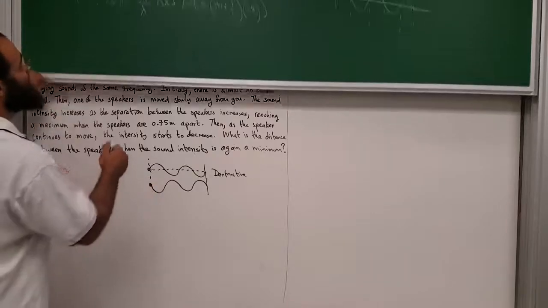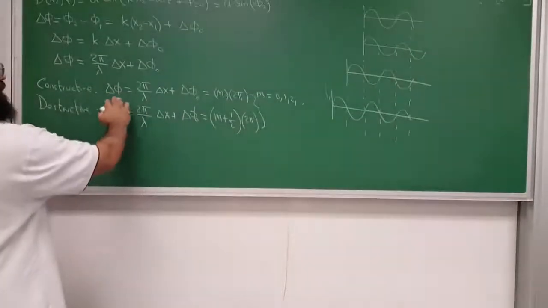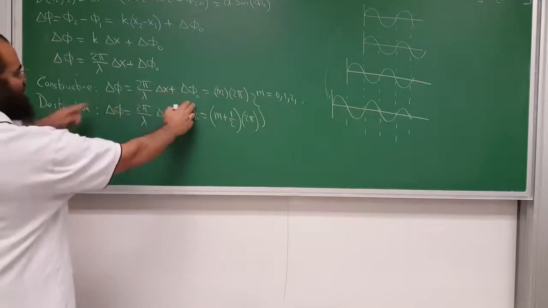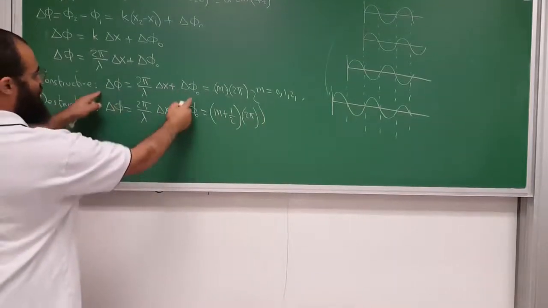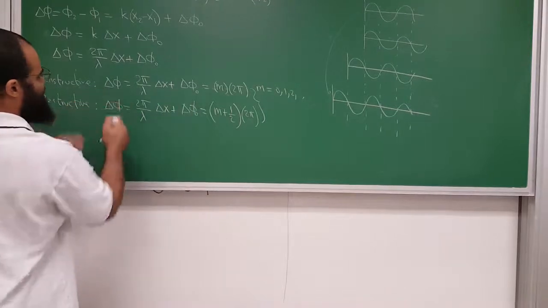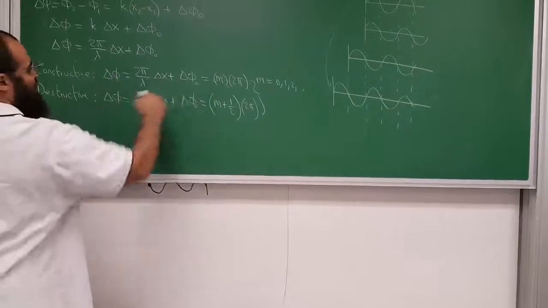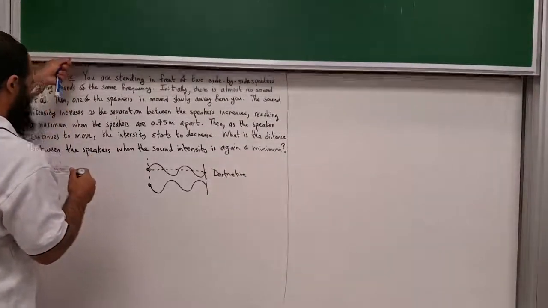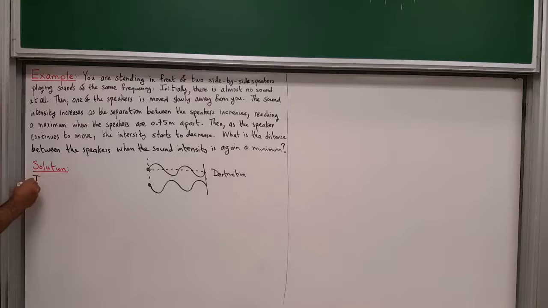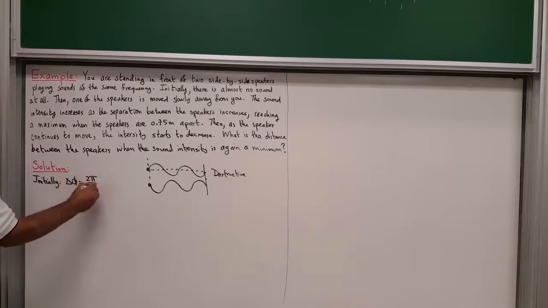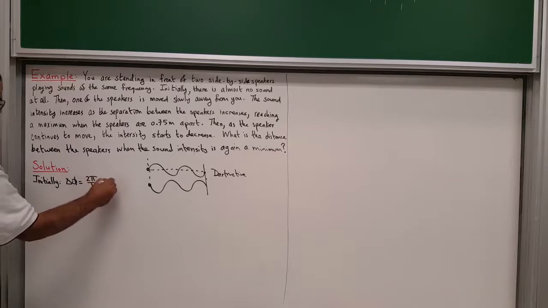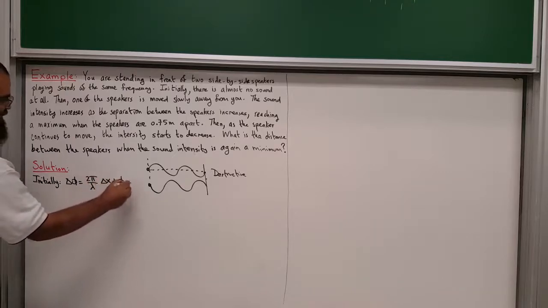So let me write this formula here, and then delta phi. Let's write delta phi and then argue that it will be destructive. Initially, we got the following: delta phi, which is equal to 2 pi over lambda times delta x plus phi 0, is equal to what?